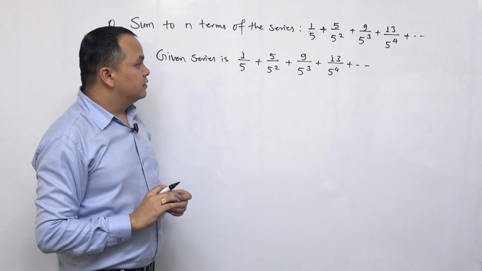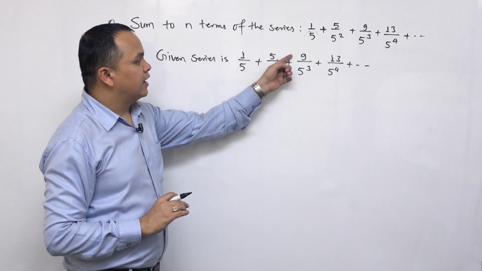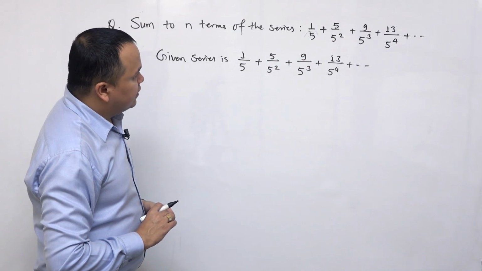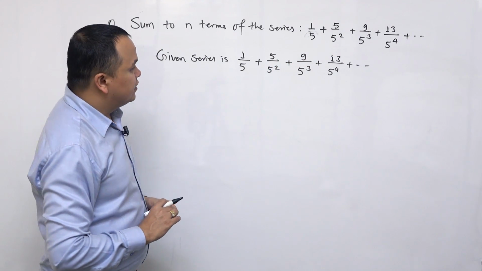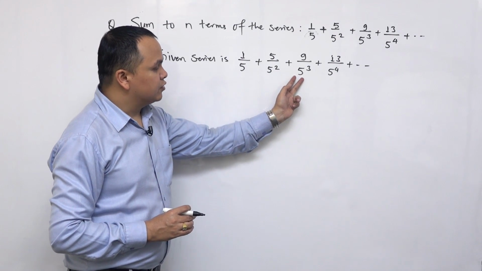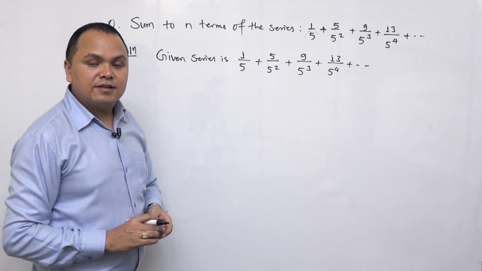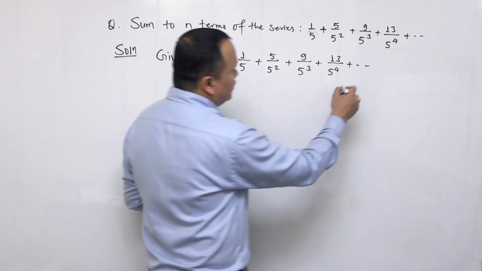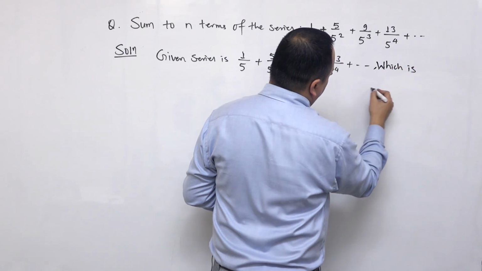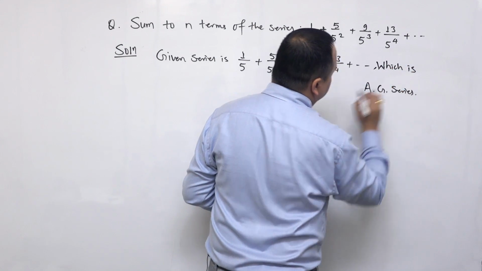If we take the numerator part only, 1, 5, 9, 13, which are in AP. Similarly, in the denominator part, 5, 5 square, 5 cube, 5 to the power 4, which are in GP. So the given series is an AG series.